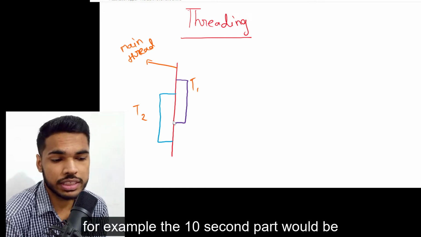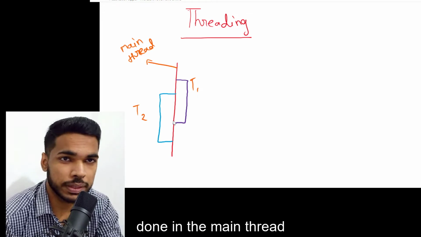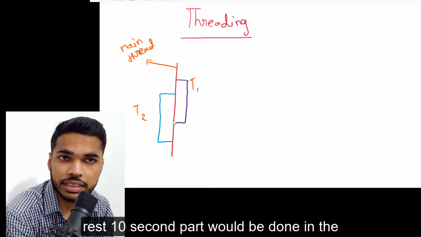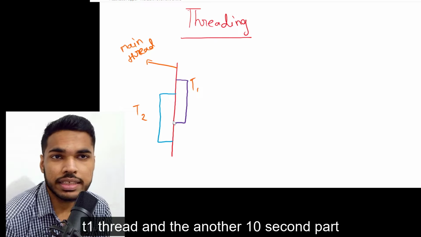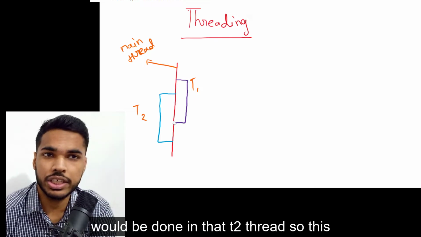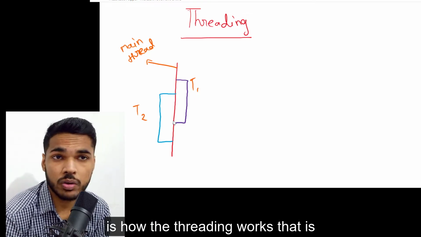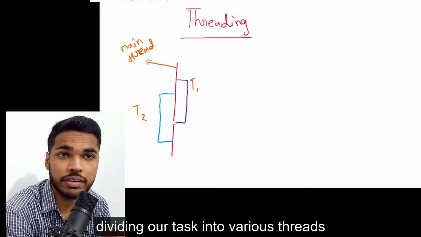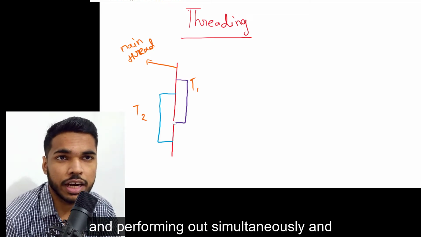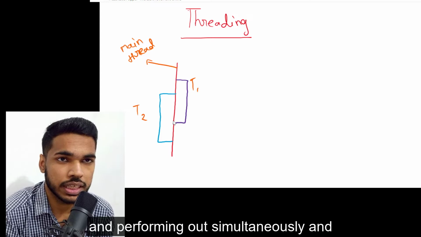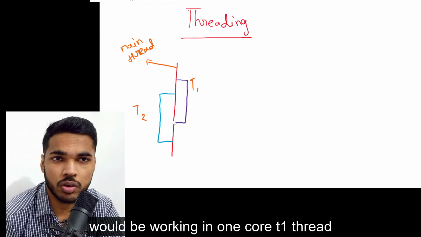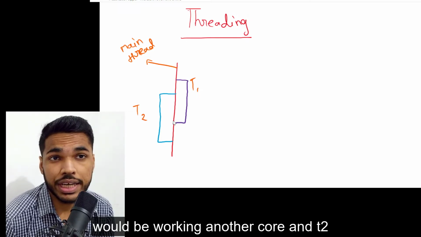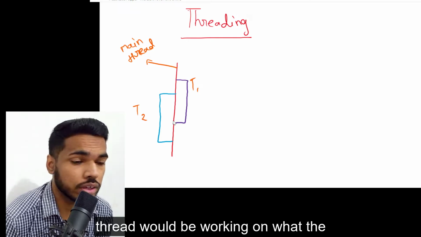How? For example, one 10-second part would be done in the main thread, the next 10-second part in the T1 thread, and another 10-second part in the T2 thread. This is how threading works: dividing our task into various threads and performing them simultaneously. Basically, the main thread would be working on one core, the T1 thread on another core, and the T2 thread on the third core.